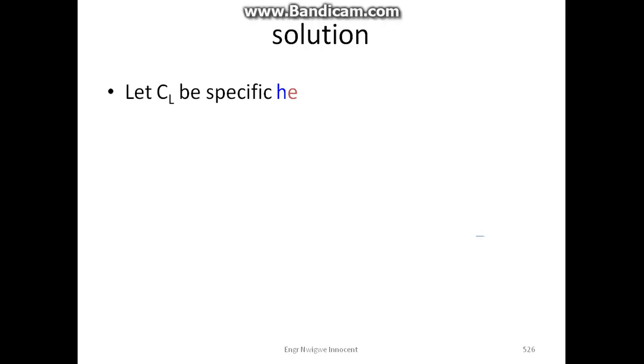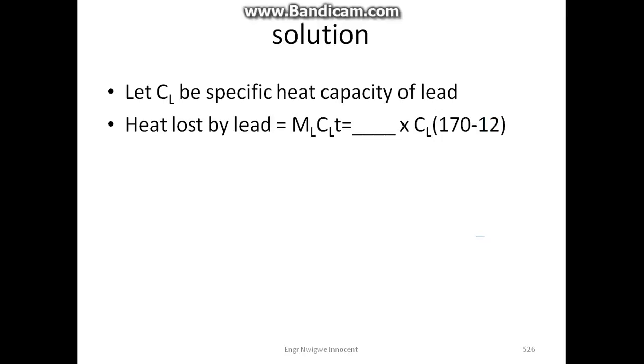Solution. Let Cl be specific heat capacity of lead. Heat loss by lead is equal to ml Cl ΔTl, which is equal to 250 over 1000 times Cl times (170 minus 12), which is equal to 39.5 Cl.